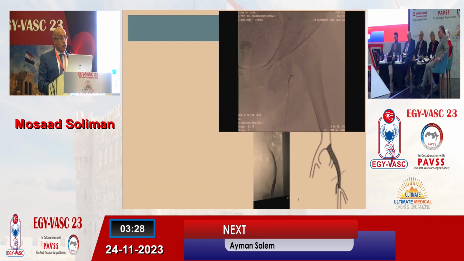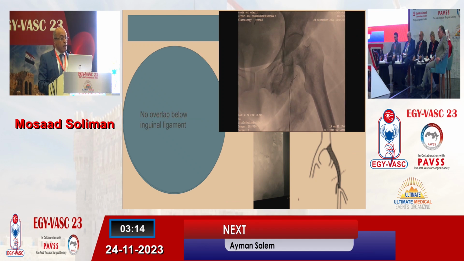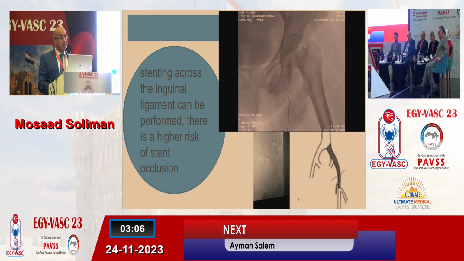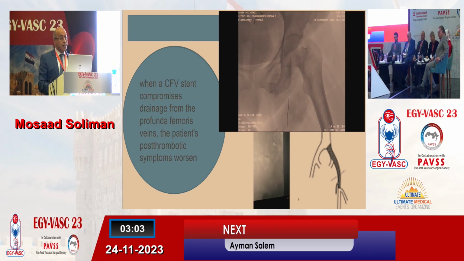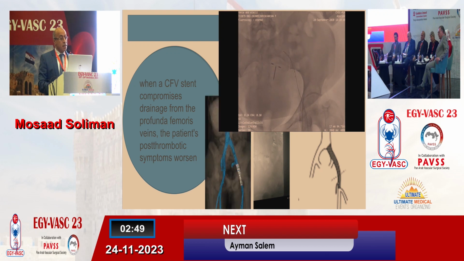Looking at the extension of the process towards the common femoral vein, there are certain points that should be emphasized. First, we should use a dedicated stent in the case of involvement of the common femoral vein. We should not extend our overlap below the inguinal ligament, and we have to emphasize there is a high risk of stent occlusion when we extend below the inguinal ligament, and we should not encroach toward the deep femoral vein because this may jeopardize the PTS symptoms.